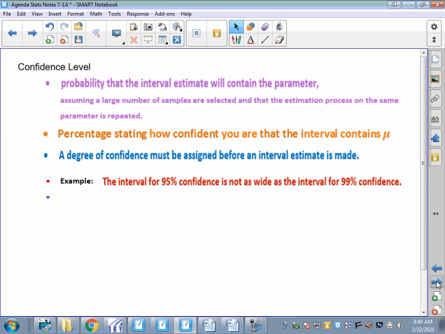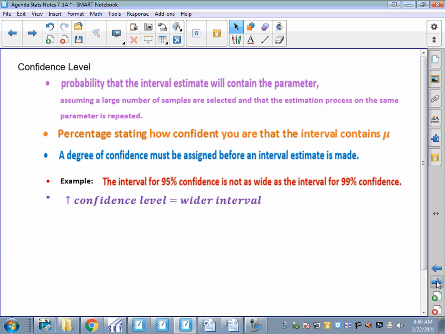So our interval for 95% confidence is not as wide as our 99% confidence, because as you increase your confidence, you have to have a wider interval. If I say I want you to pick a number between 1 and 100, I could say, well, I'm 100% confident that your number is between 1 and 100.